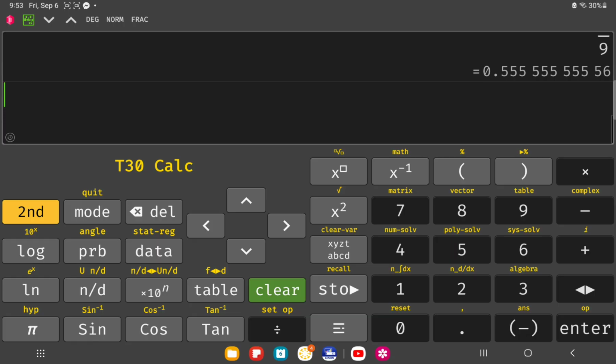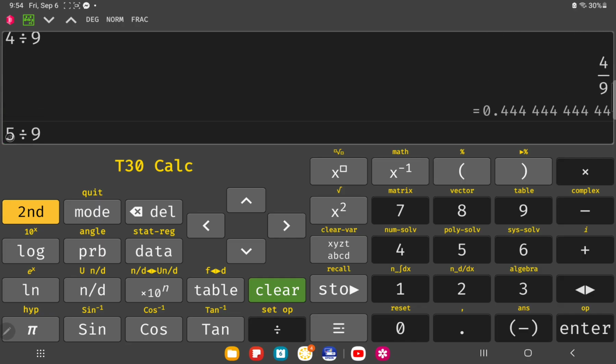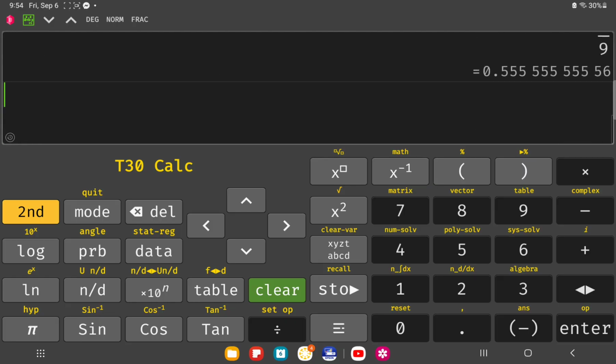This is still a repeating decimal. The reason it goes to a 6 here is because it runs out of room on your calculator screen. And so if it can round up this last number right here, it's going to. You'll notice, I can go back on mine, this one didn't round because 4 is not going to round up. This one didn't round because 3 is not going to round up.